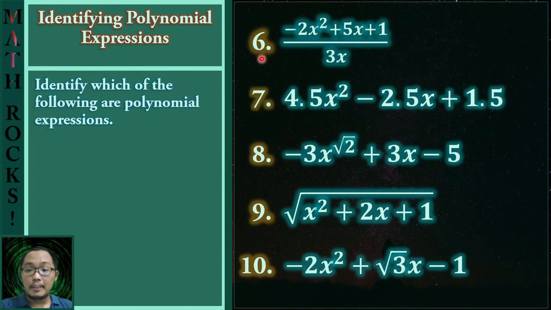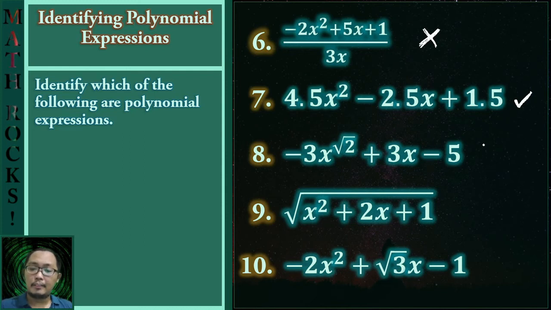And for number 6, notice that there is a variable in the denominator, so this is not a polynomial expression. For number 7, you will notice that the exponents are non-negative integers. The coefficients are real numbers, so this will still be an example of a polynomial expression.